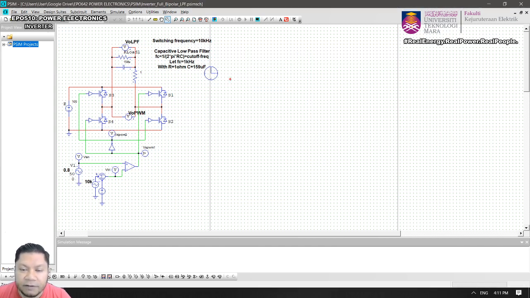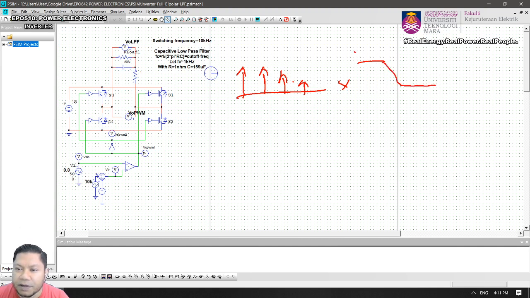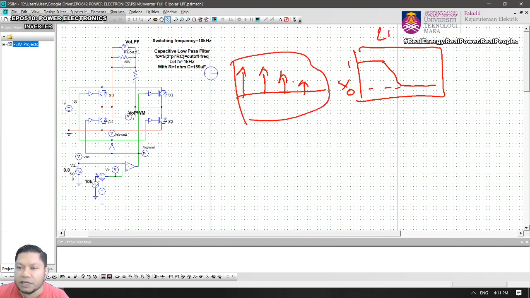So you have this VPWM, which consists of the fundamental and the switching frequency harmonics, etc. And then you multiply with this low pass filter. Yes, this is the low pass filter. Alright, let's say this is 1 volt, this is 0 volt. Okay, so you multiply this component with the low pass filter.